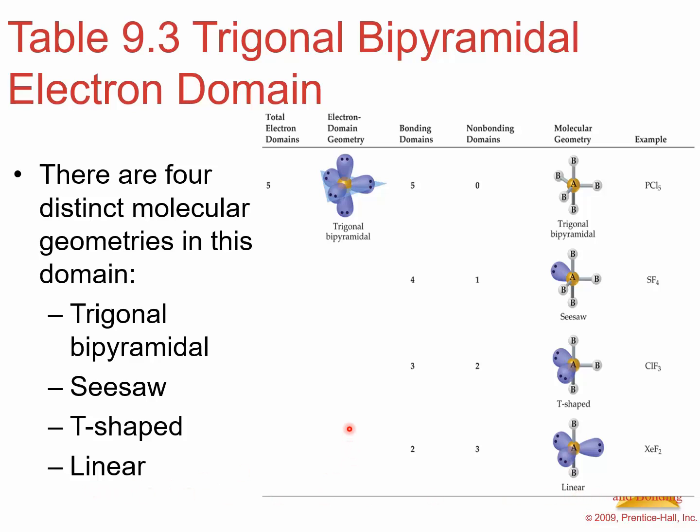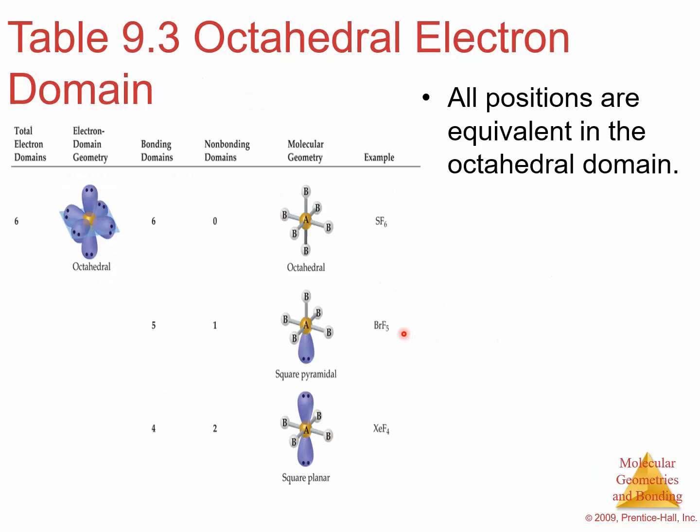So these are the molecular geometries for a compound with a total of 5 electron domains. However, if we look at the octahedral electron domain, all positions are equivalent in octahedral domain.